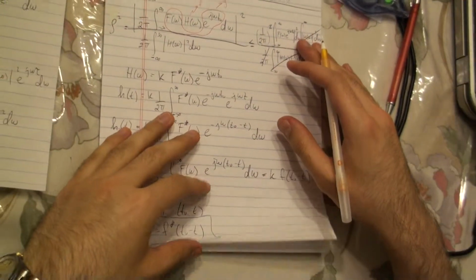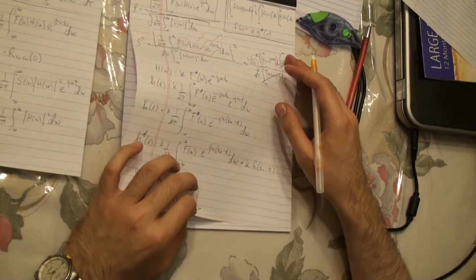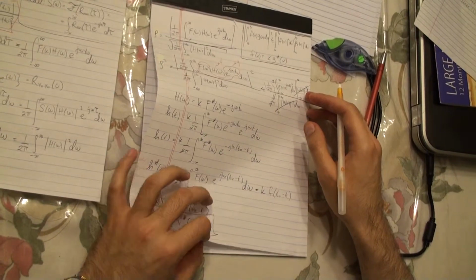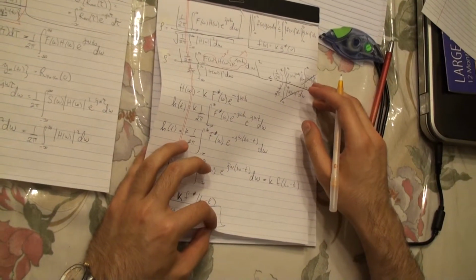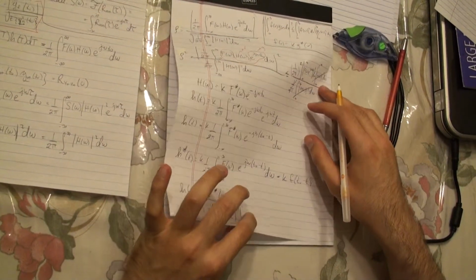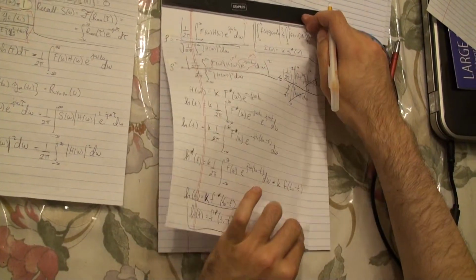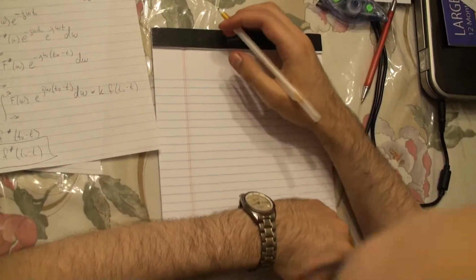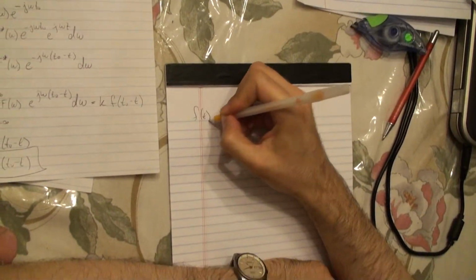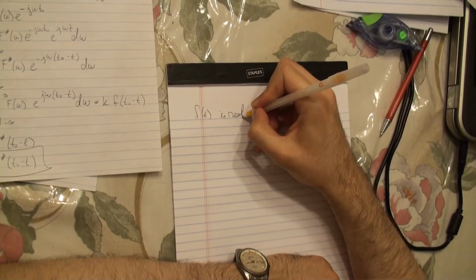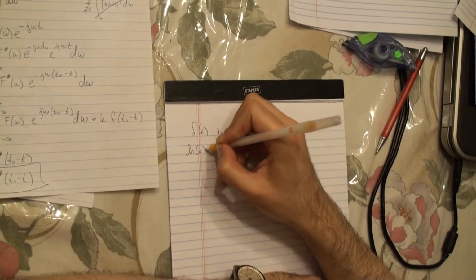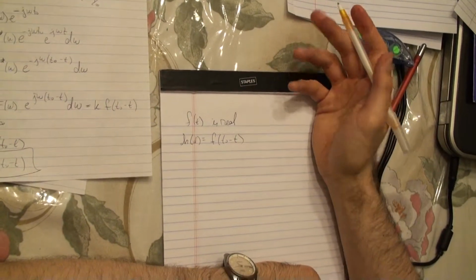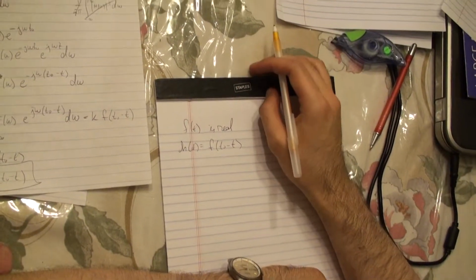Now we have another piece to the problem where they say plot the filter response h of t when the input f of t is a rectangular pulse of duration capital T. Okay, so if f of t is real, then h of t just equals f of (t naught minus t), because the conjugate of a real function is just the function itself.